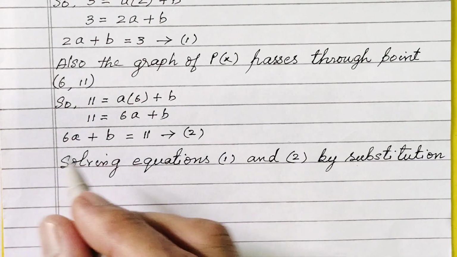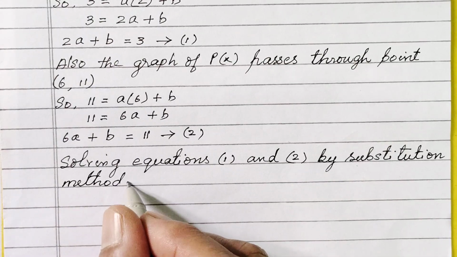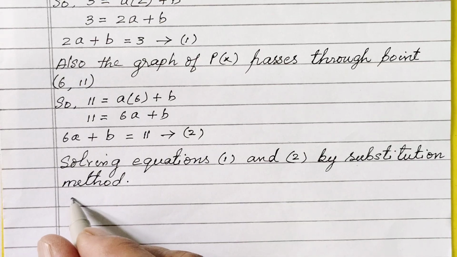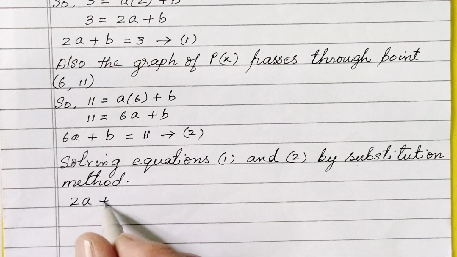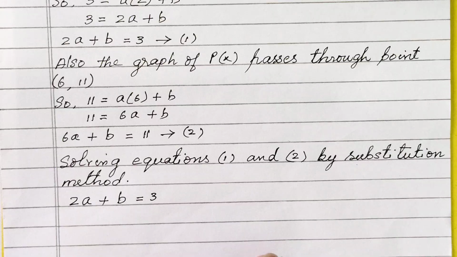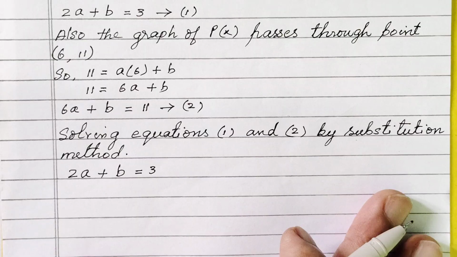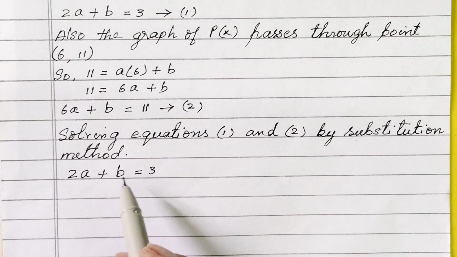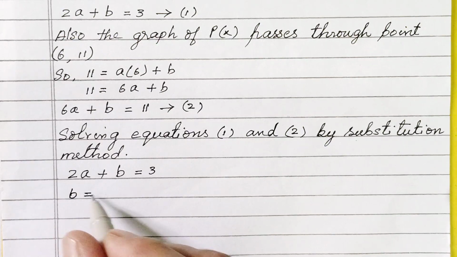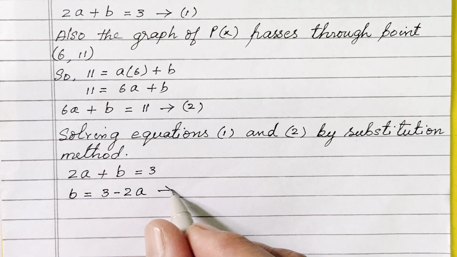So equation 1 is 2a plus b equal to 3. From this equation, I will transpose 2a to the right side. b will be equal to 3 minus 2a. So I will label this equation as 3.